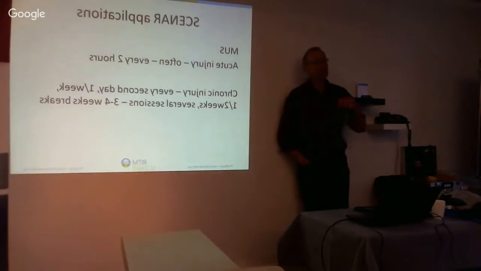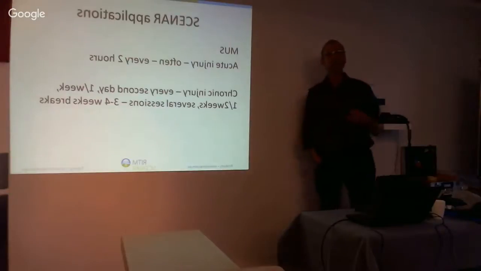And we do a session of 10-12 sessions and call this a cycle of treatment there, have a 3-4 week break, and then reassess the patient and start again, if necessary.